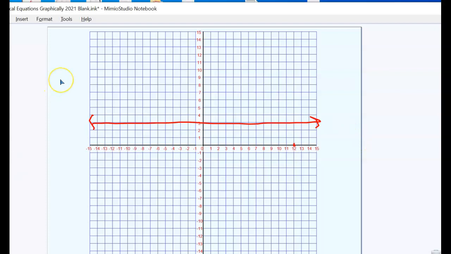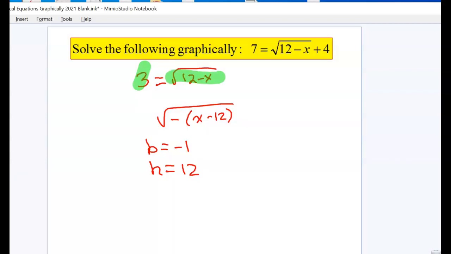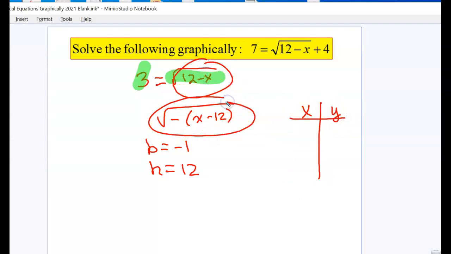We could also make a table of values for this if it makes life easier. If x is 12, y is going to be 0, because 12 minus 12 is 0. If I put a 3 in for x, 12 minus 3 is 9, and the square root of 9 is 3.